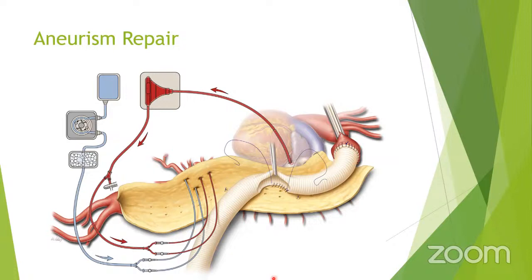As you can see in this picture, they have chosen to anastomose some of the intercostal, subcostal branches to the graft. And here is our proximal anastomosis. This is the stage where the proximal anastomosis is carried out after the selective perfusion.